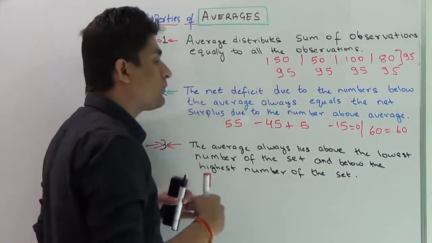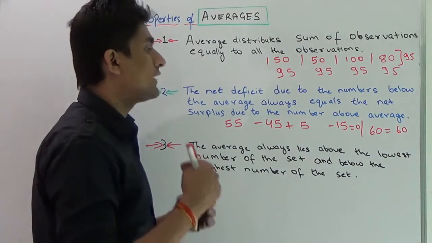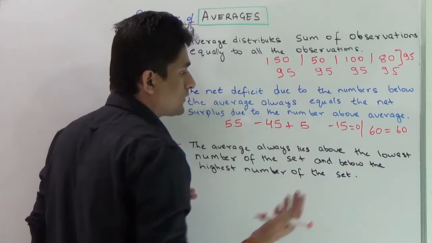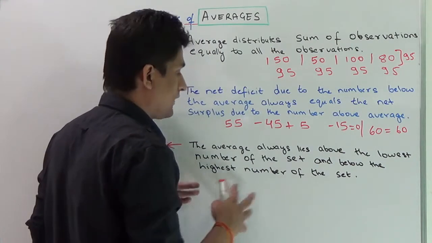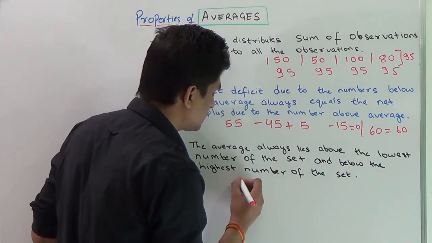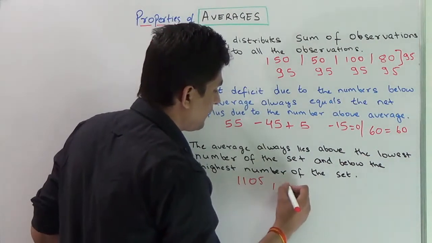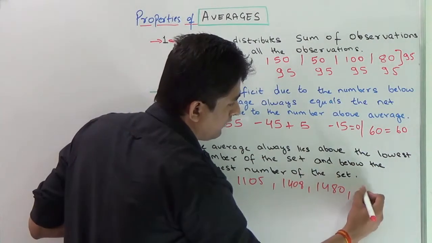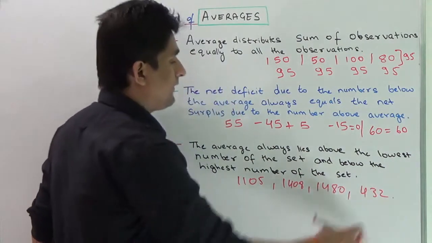This third point is used in solving questions on allegations. And this property is also sometimes used for hit and trial funda also. Suppose I am re-explaining with some other example also. 1005, 1408, 1480 and 432 is a set of numbers.